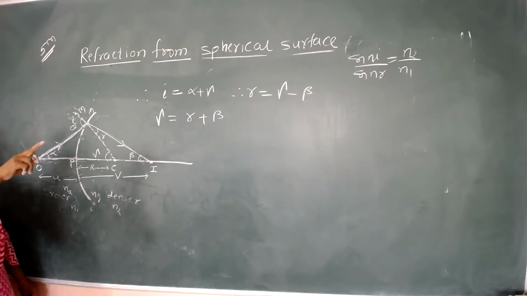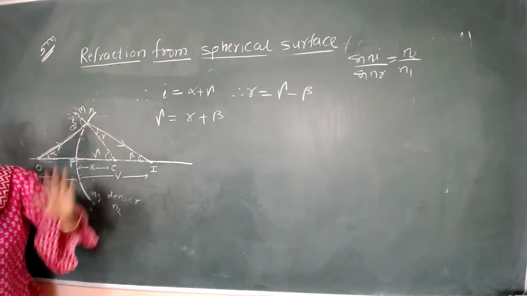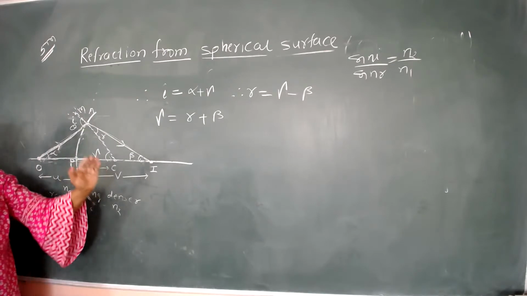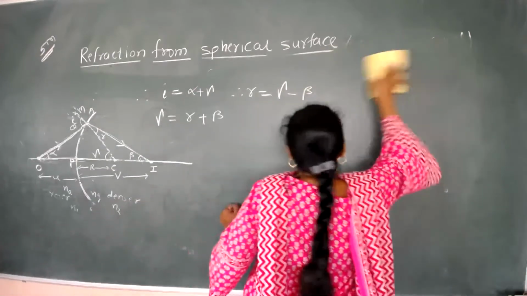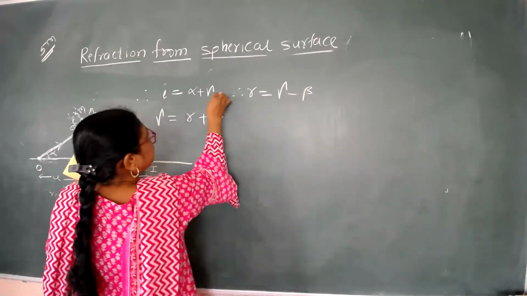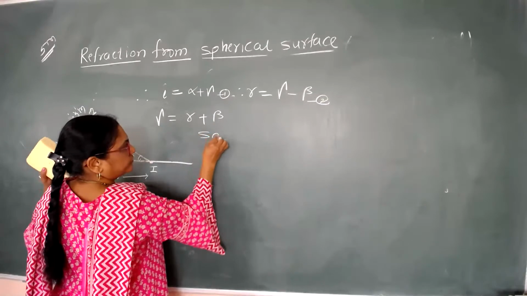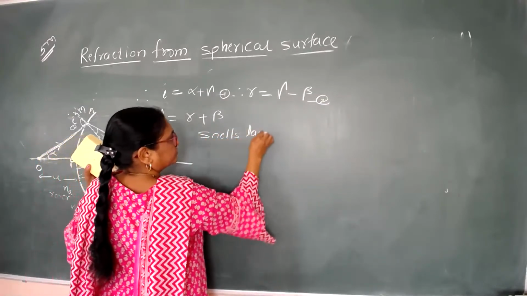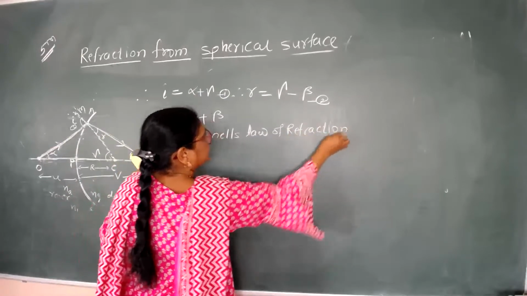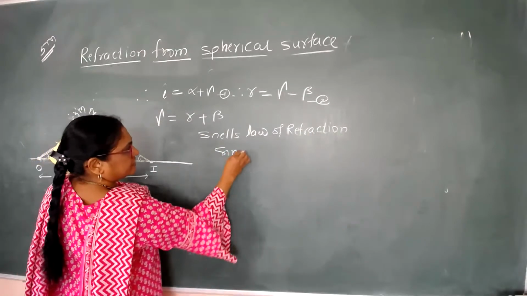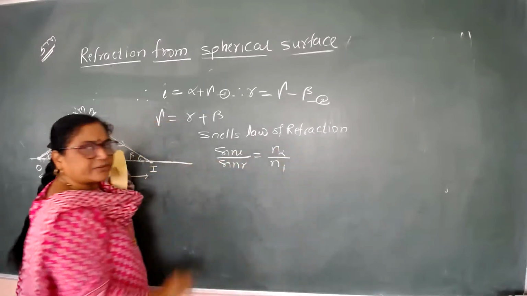We got the value of i and we got the value of r. Substitute the values of i and r in the equation, in Snell's law. Equation number 1, equation number 2. Use Snell's law of refraction: sin i by sin r is equal to n2 divided by n1.